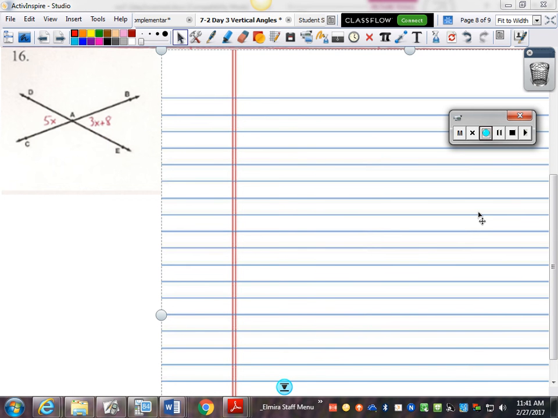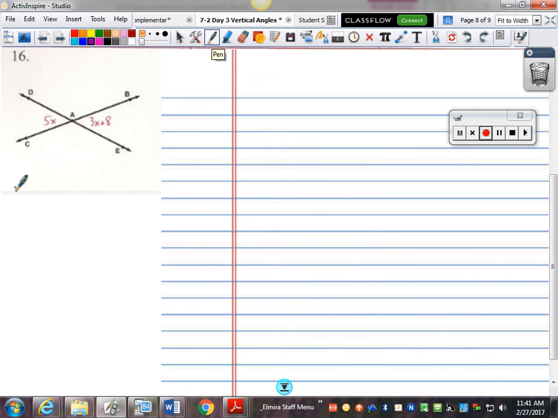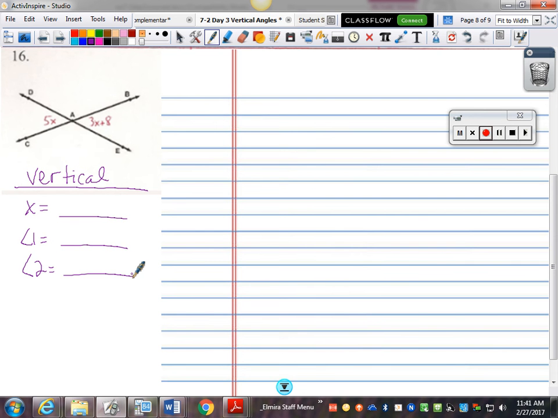All right, let's do 16 on the back. There's not too many vertical ones on your homework, okay? But this one, that's vertical. I still want to know what's x. I still want to know angle 1, and I still want to know angle 2. You're going to do that for each one of these problems. Doesn't matter which one you say is angle 1 and which one you say is angle 2. Okay?